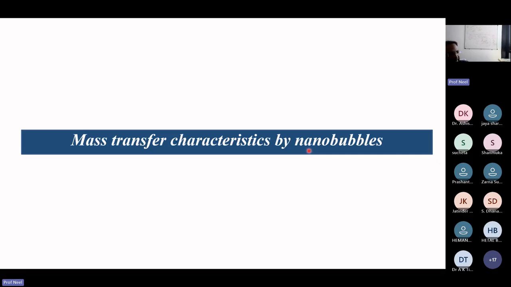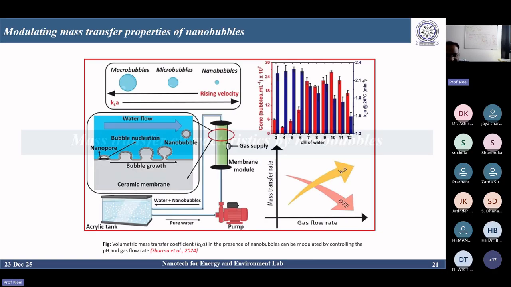For any spherical bubble, the interfacial area comes to around 6 by D. So the smaller the diameter, the more the surface area, right? Here the diameter of the bubble is going towards the nanoscale, so clearly the interfacial area becomes very high, and that's why the KLA becomes much higher. And that's what we have seen.